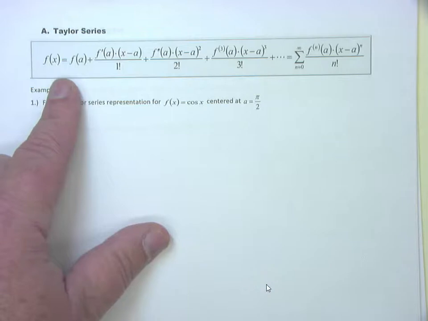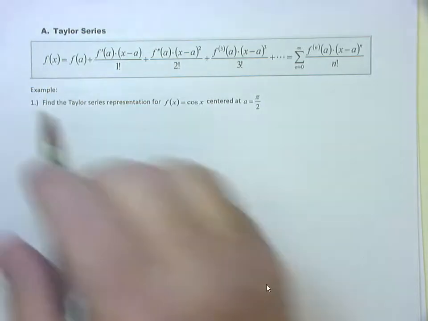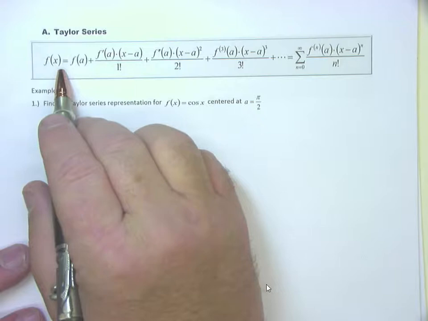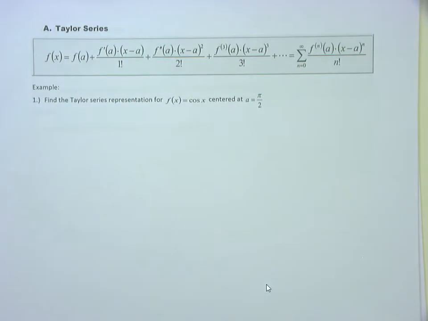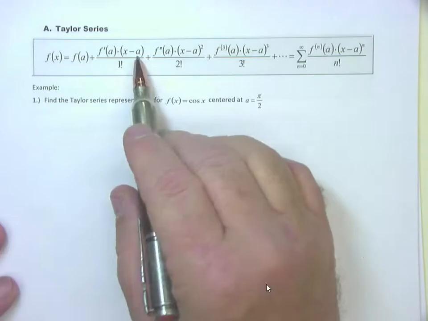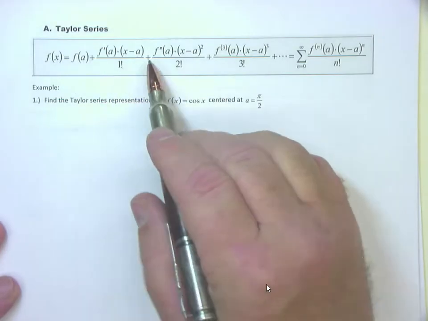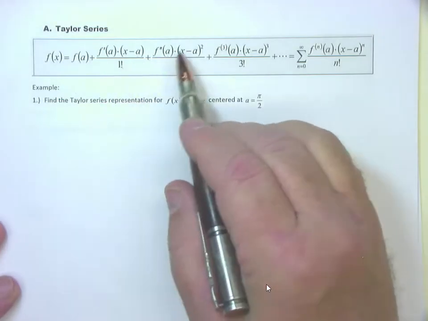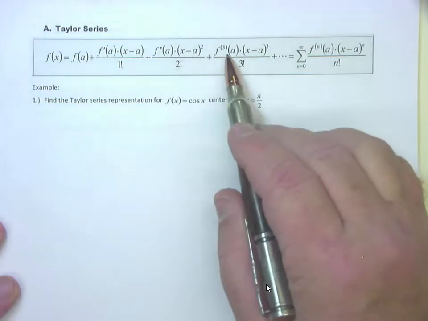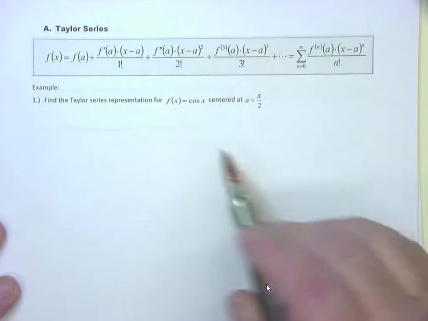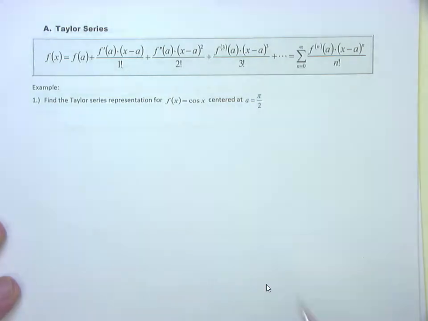A is my fixed point. And so, a function is actually equal to f of a plus f prime of a times x minus a over 1 factorial plus f double prime of a times x minus a squared over 2 factorial plus f triple prime of a times x minus a cubed over 3 factorial plus dot, dot, dot.